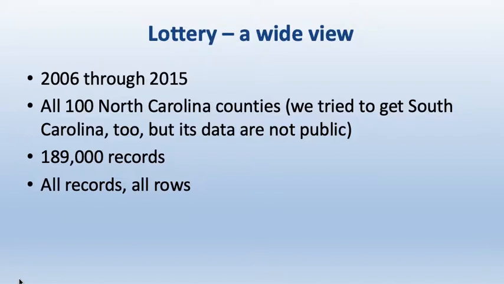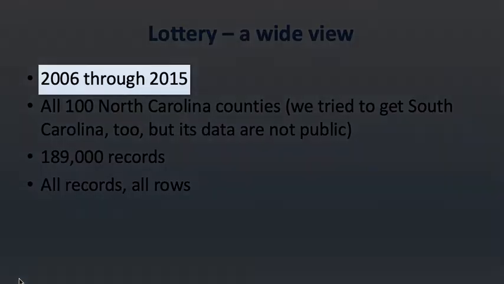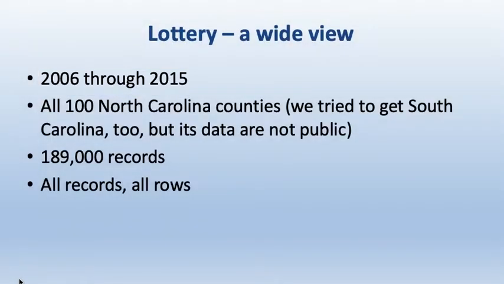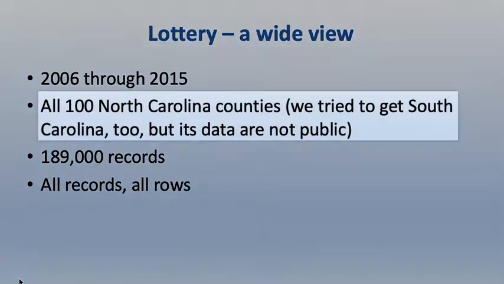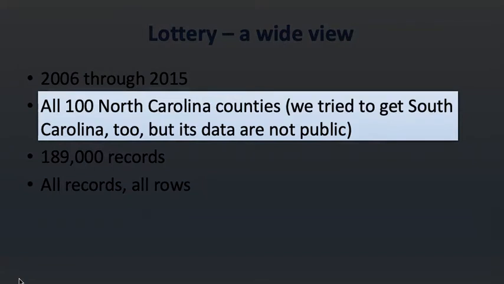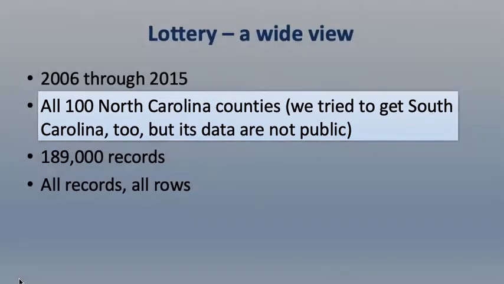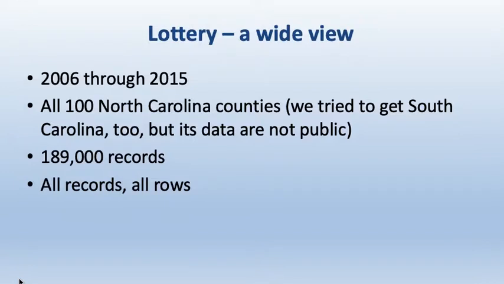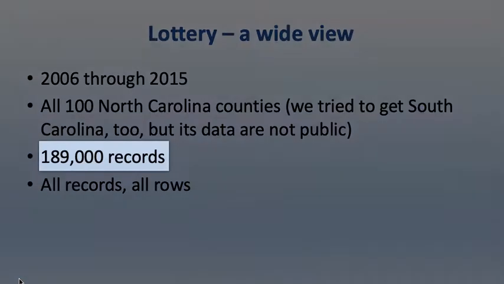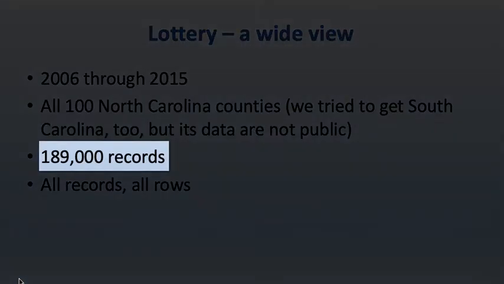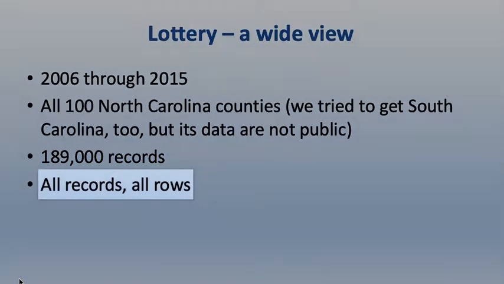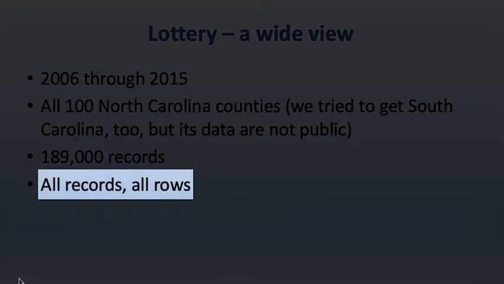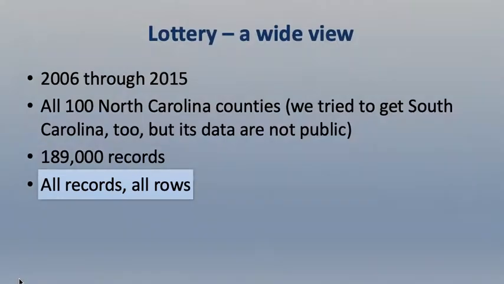So, a wider view of this project. The data was from 2006 to 2015, a long period of time. The data included all 100 North Carolina counties, a long swath of geography. In all, there are 189,000 records, and we got all publicly available records and rows.